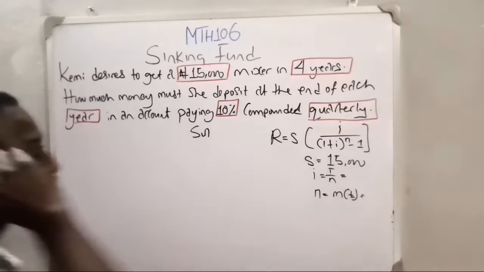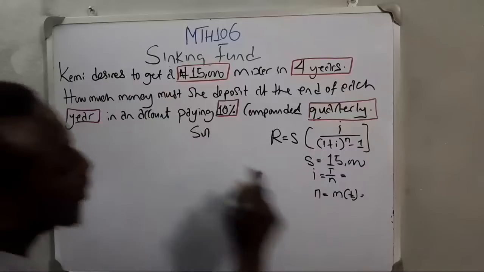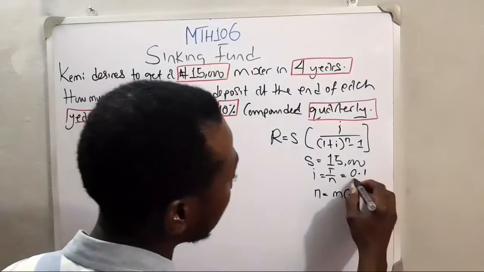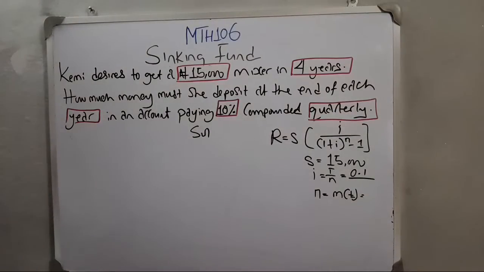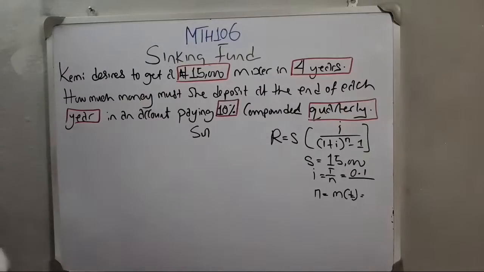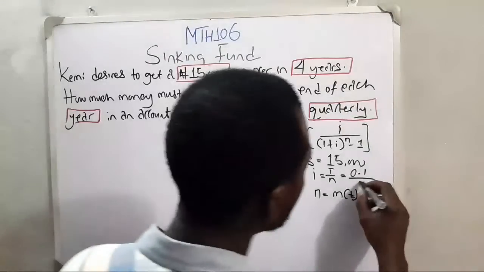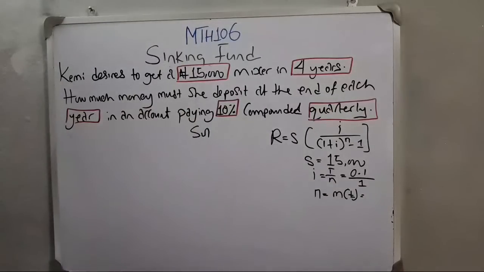So our R is 0.1 over 1, compounded quarterly.